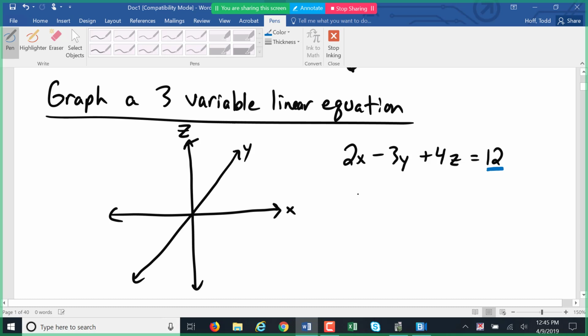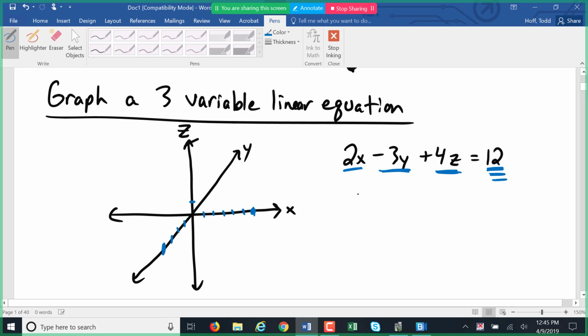the x-intercept is going to be our constant divided by the x-coefficient. 12 divided by 2 is 6. That's the x-intercept. The y-intercept is the constant divided by the y-coefficient. 12 divided by -3 is -4. So that's the y-intercept. The z-intercept is that constant divided by the z-coefficient of 4.